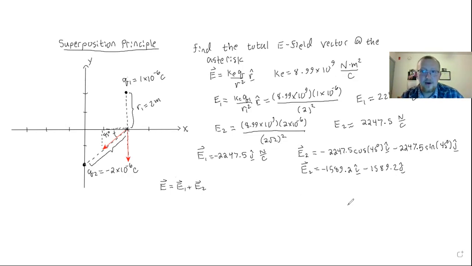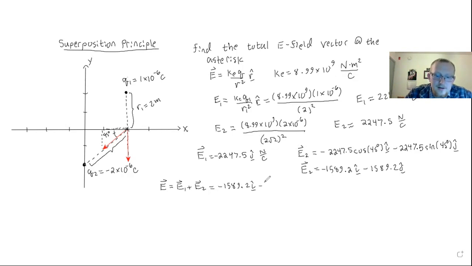So we just add like components, right? So only E2 has an x component. So here's the x component of the total E field at the point of interest. And then we have to sum the other two, right? So E1 has a j component. E2 has a j component, and they're both negative.